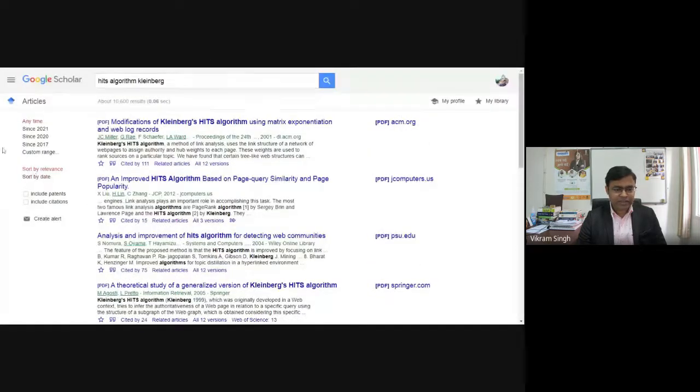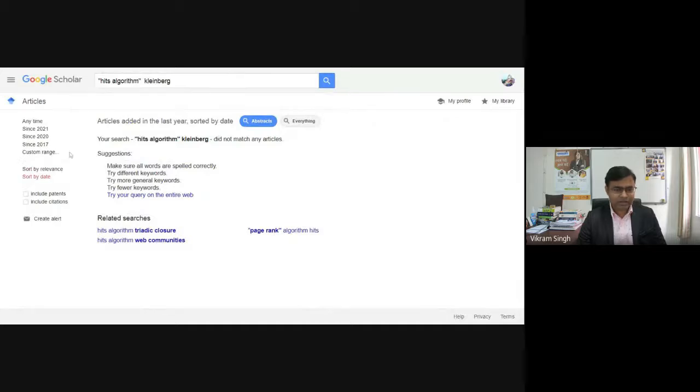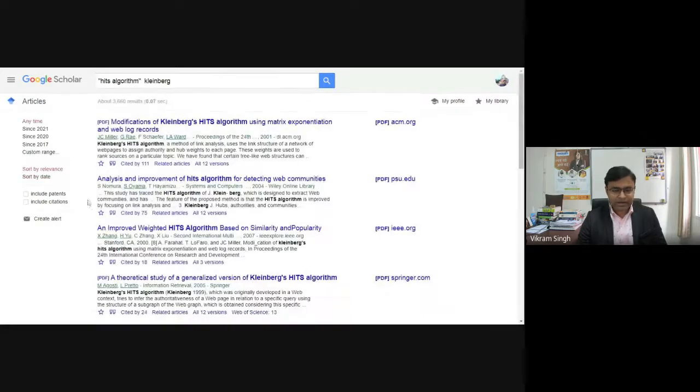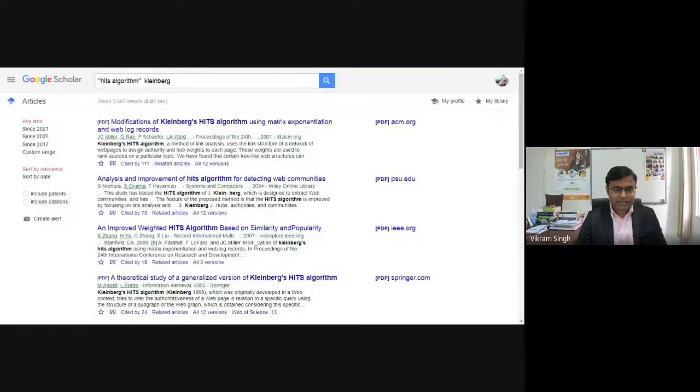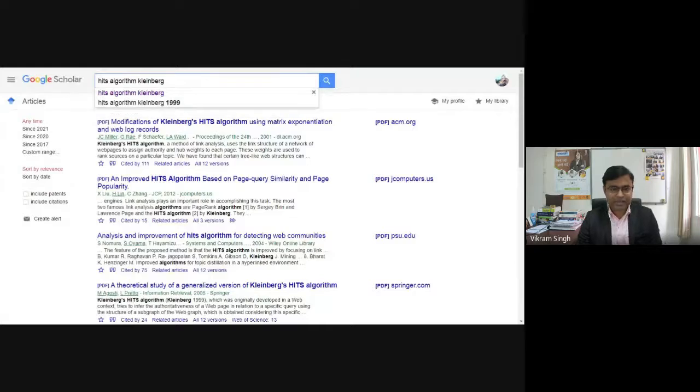So if you change the sorting, okay, it is throwing up some incorrect ordering. So it is not always necessary that if you run a particular query and try to identify the most authoritative or most important search result, the Google Scholar system gives that result or some of the important results in the top 5 or top 10, right?